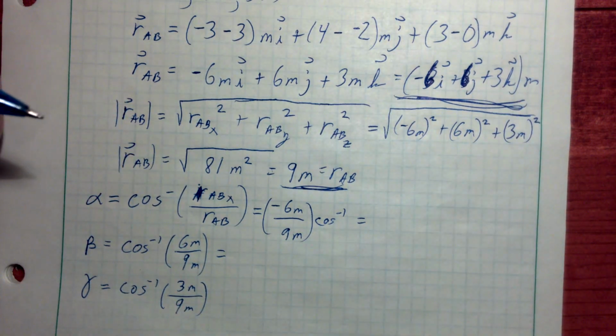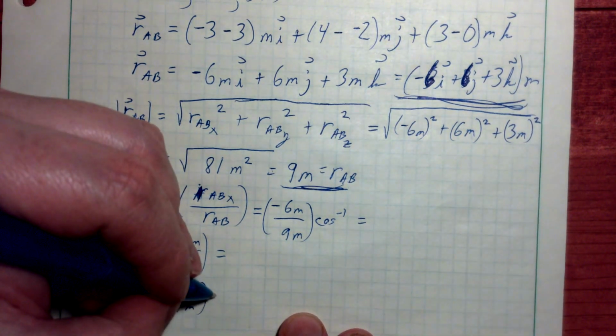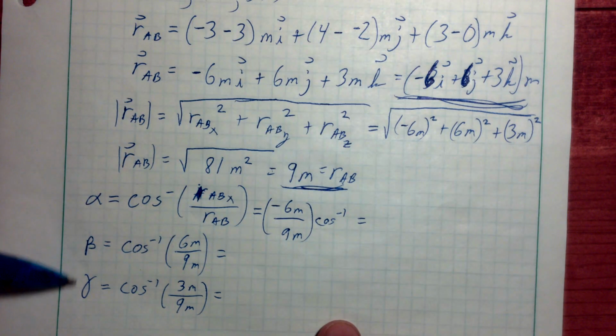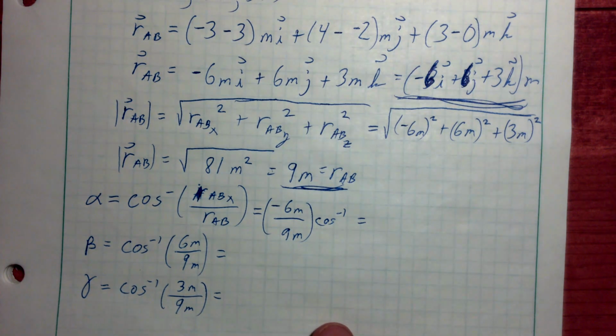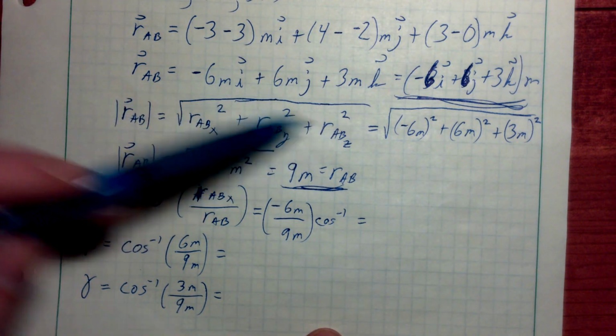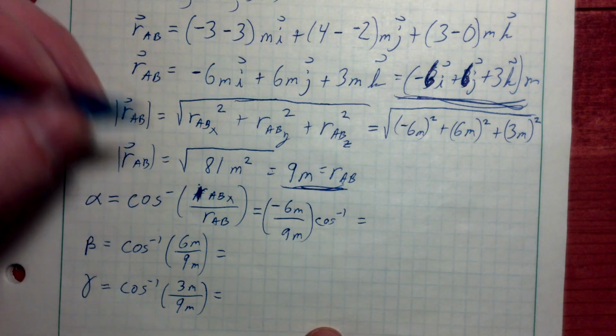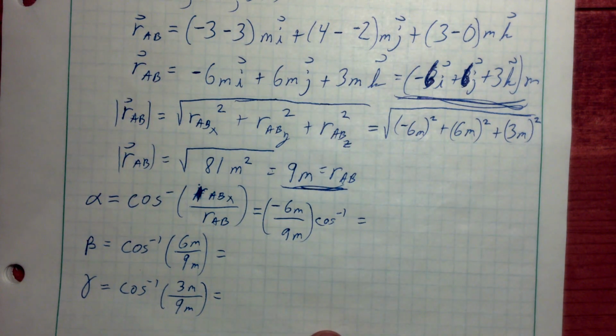Take that ratio and take the arc cosine of that, and that'll give you the gamma angle. These are the angles between the positive x-axis, the positive y-axis, and the positive z-axis and this vector here. So go ahead and pause, find those values, and come back.